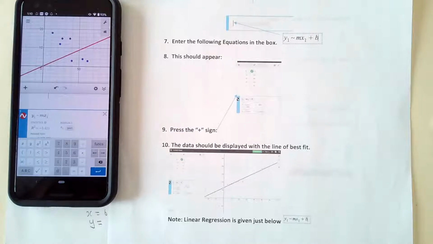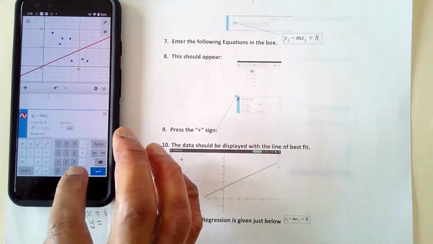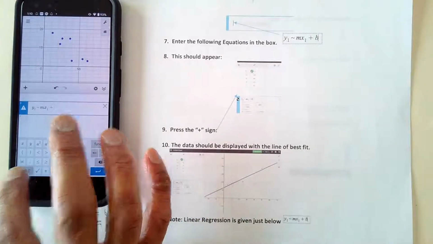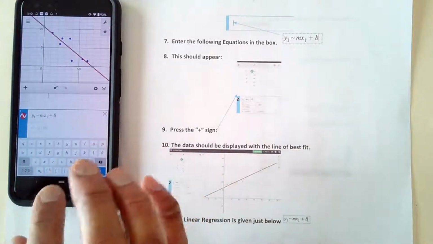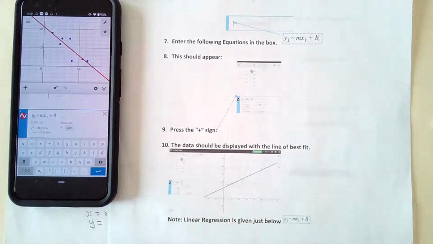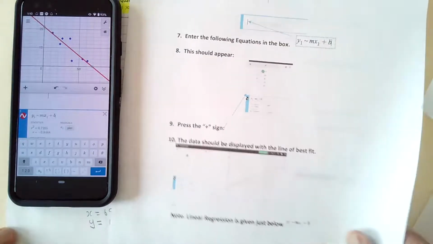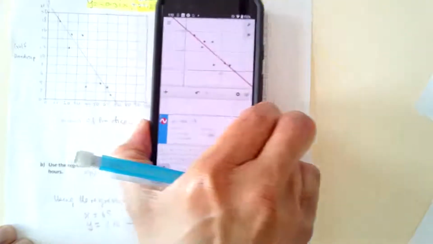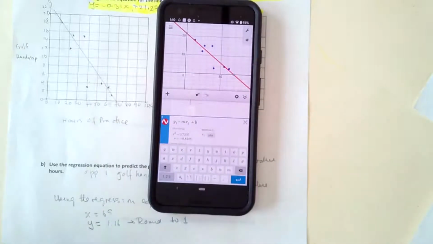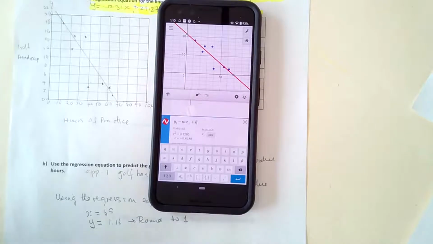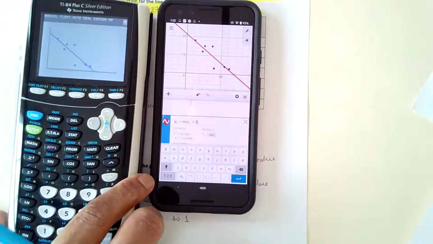Okay. Plus B. Now I need to get my B in. So I got plus. I'll go back to my lettering again and B. There is my line of best fit, which is identical to the graphing calculator, so we end up with the same result.